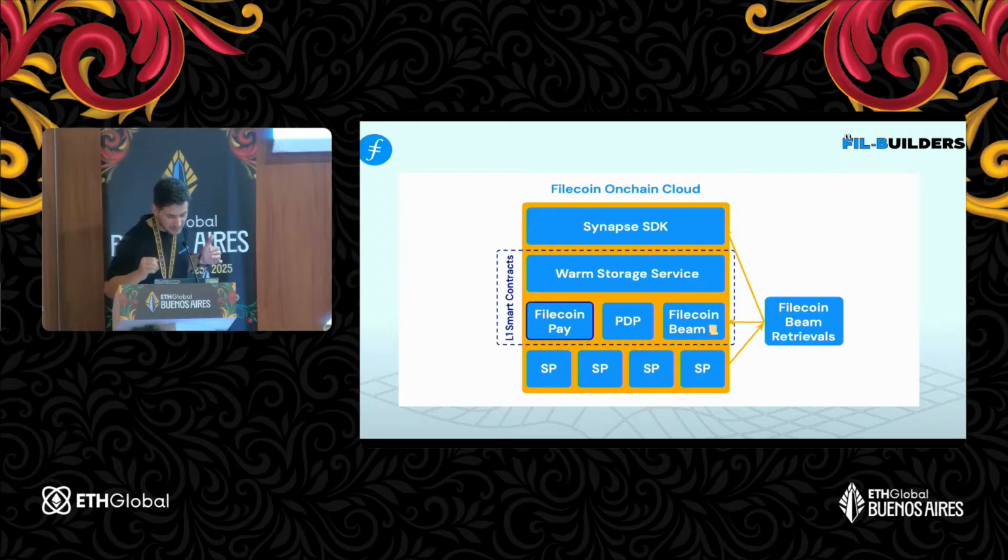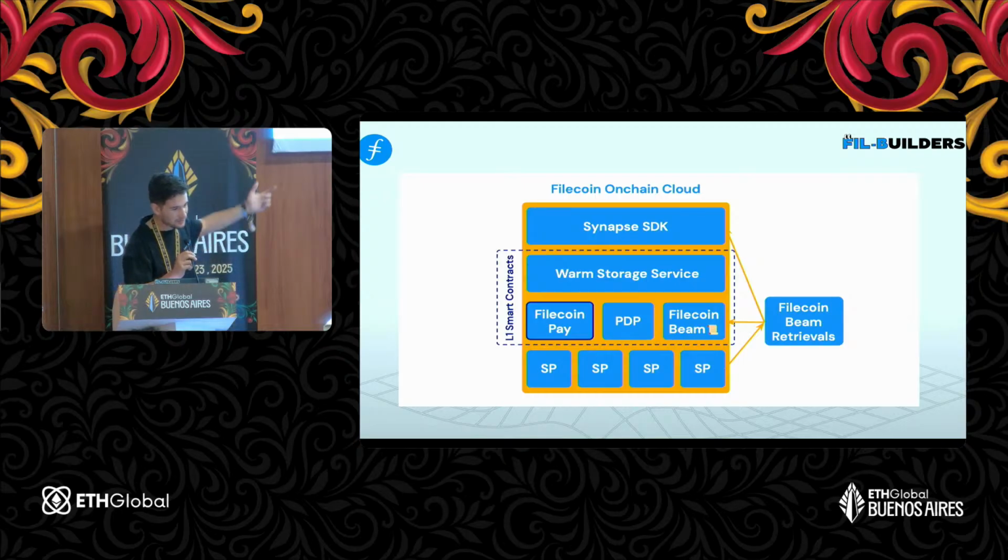At the same time, you have the PDP protocol, which is the protocol that storage providers need to submit their proofs to, so that you know that storage is there and warm. And on top of that, you have the other DePIN services. One example is Filecoin Beam, which is a CDN version that gives you fast retrievals, but you as a builder can add more services on top of that.